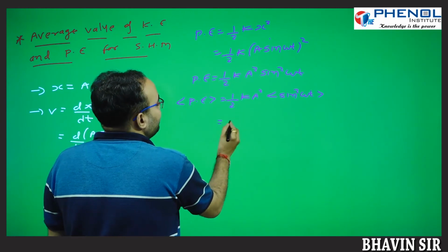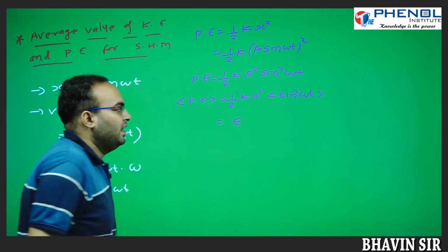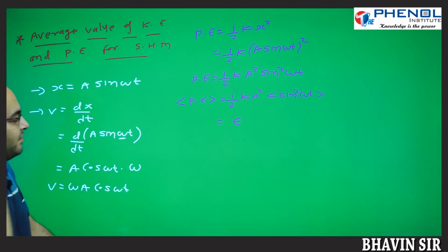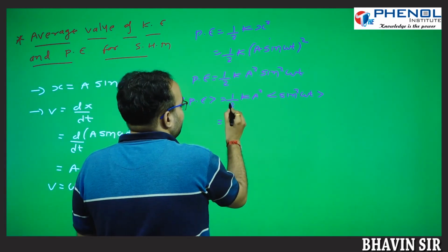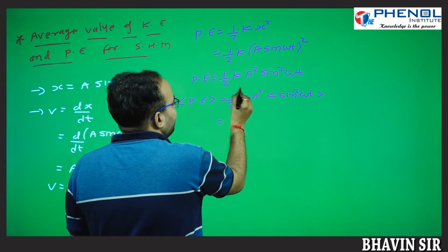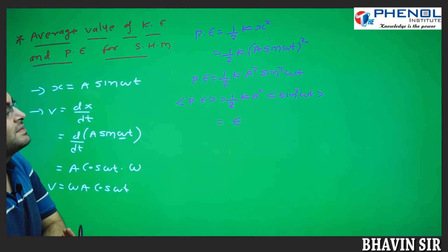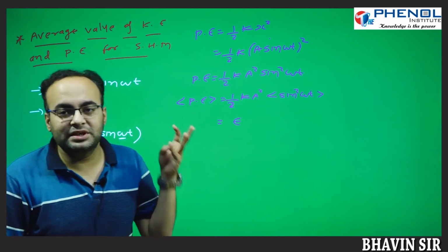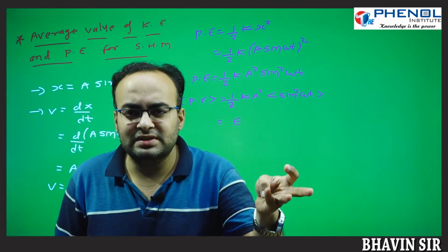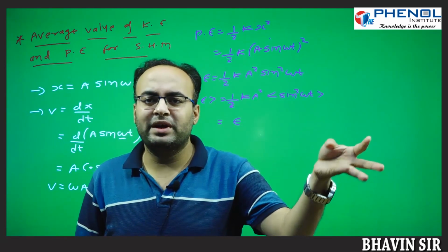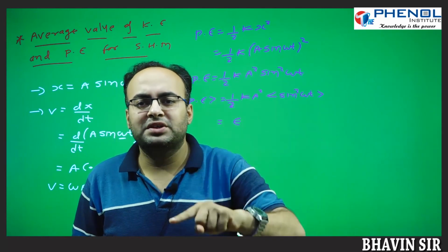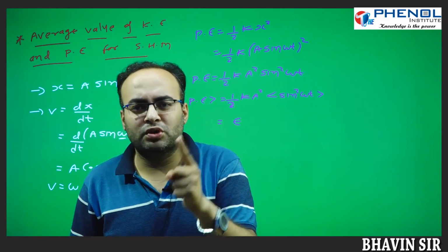Half k a square is what? E. Now what is the average value of sine, students? Average value of sine is 0. Average value of cos is 0. Average value of sin square omega t is 1 by 2. Average value of cos square omega t is also 1 by 2.